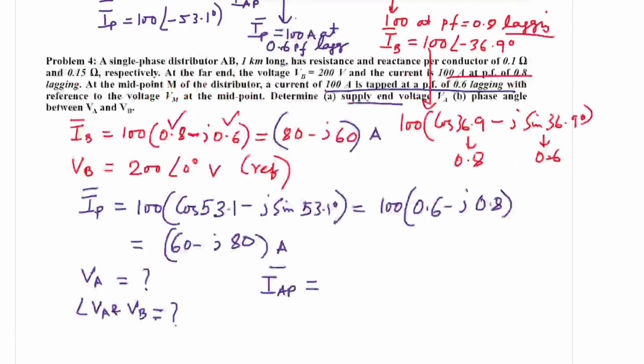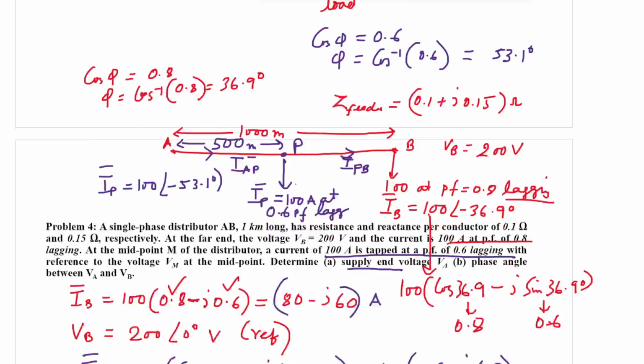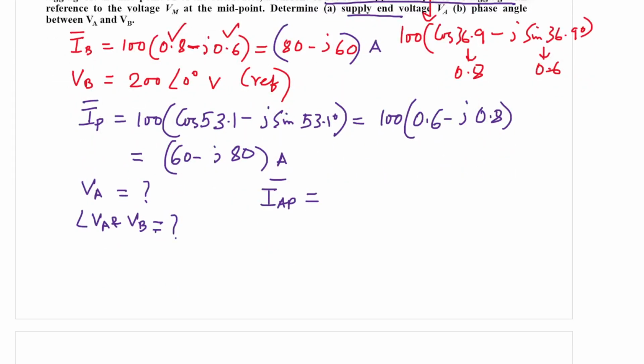From the diagram you can say IAP is nothing but the summation of IP and IB, because this current IPB is nothing but IB. So IAP is nothing but IP plus IB.